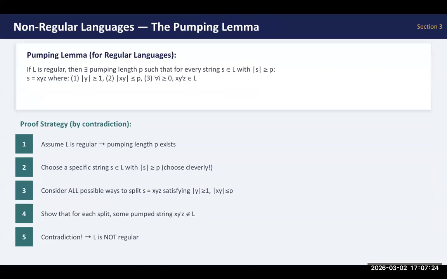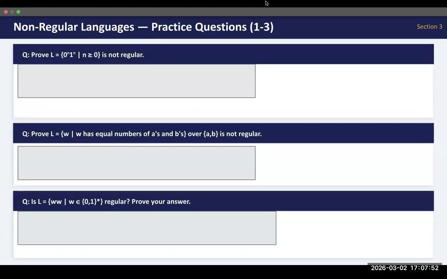Where you have y is greater than 1, |xy| is less than or equal to p, and for every i greater than or equal to 0, x y^i z is in L. And then you basically have to contradict that.